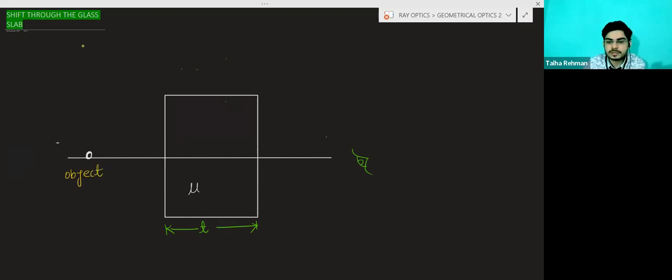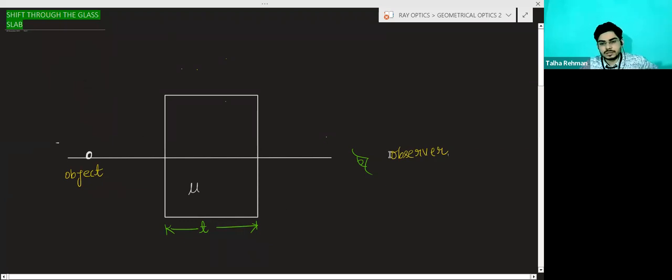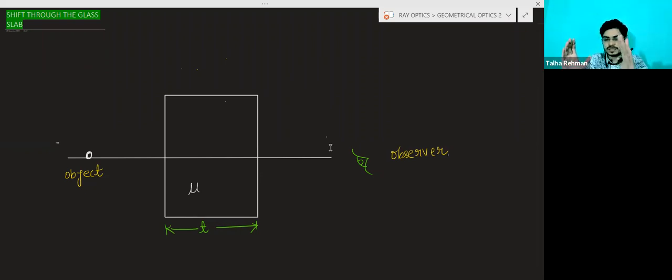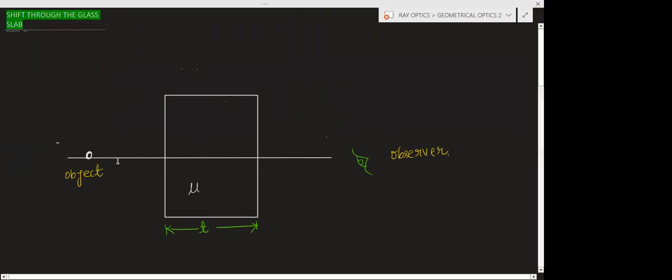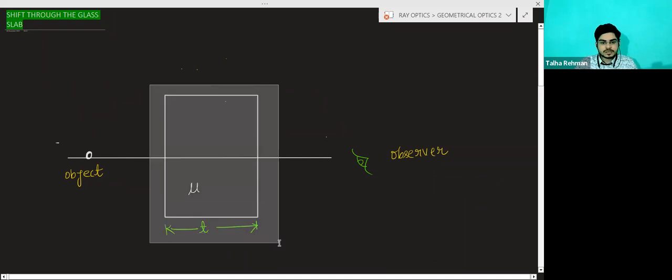This observer is observing this object, meaning the light is coming from the object to the observer. When you are watching something, light is coming from that something to you. That is why you are able to see it.